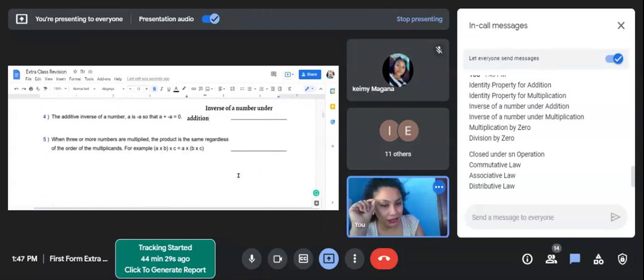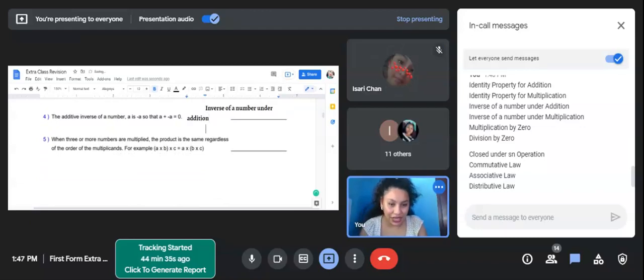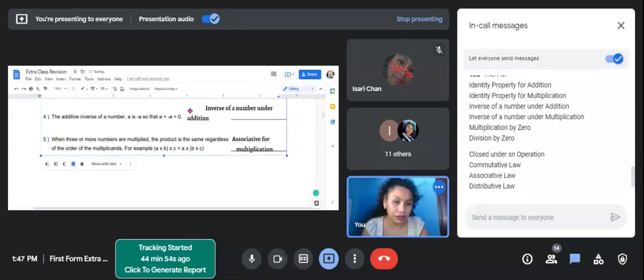The associative for multiplication. Very good. So I'm going to write this one. Associative for multiplication.